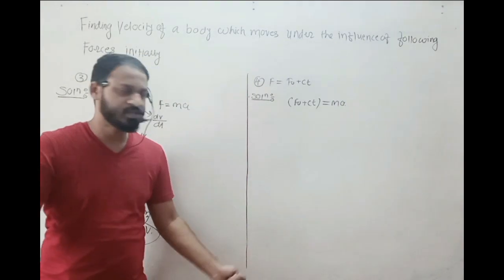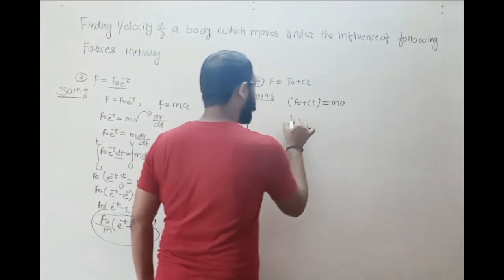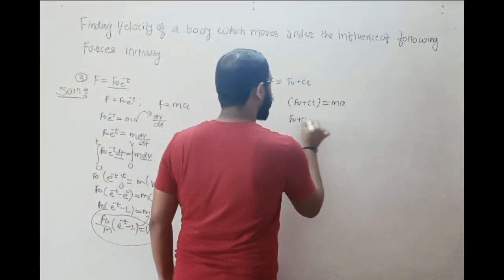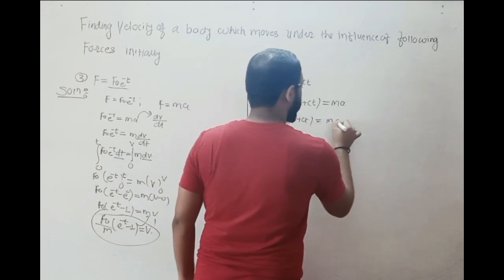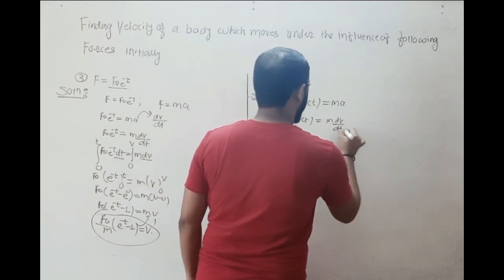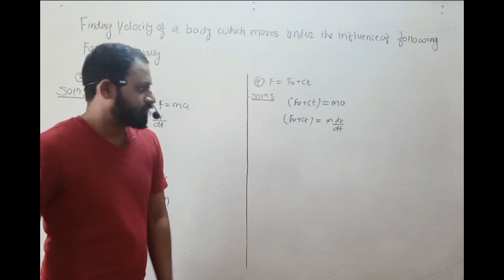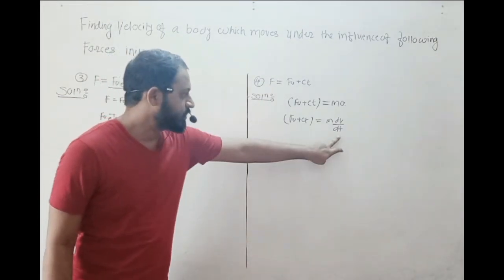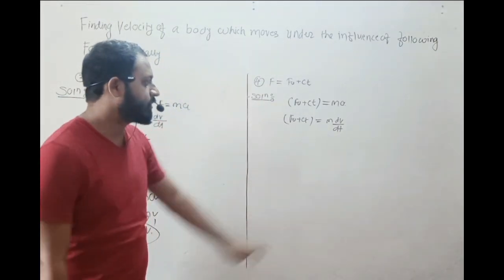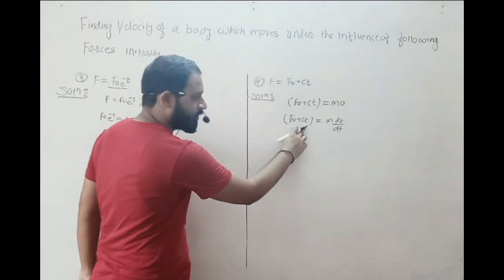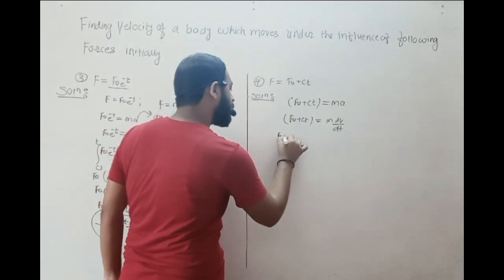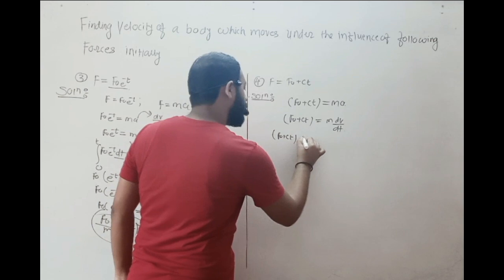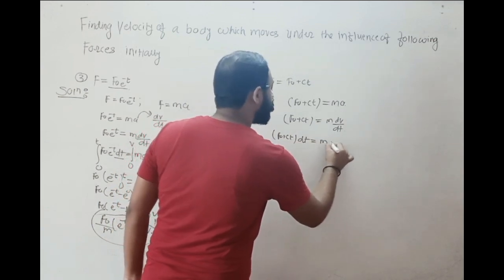In place of acceleration you have to write dv/dt. Now see, you have to separate the variables. Shift dt on the left hand side because here the function of t is present. Therefore (F0 + ct) dt = m dv.